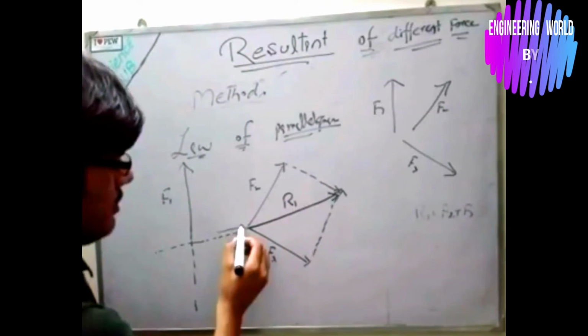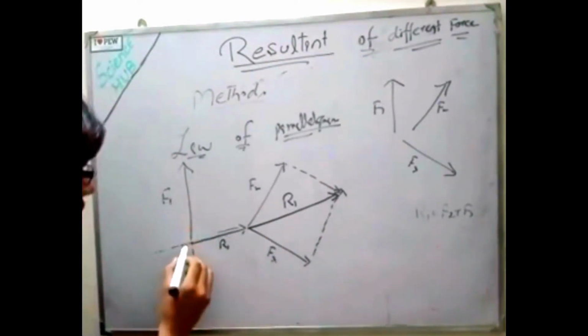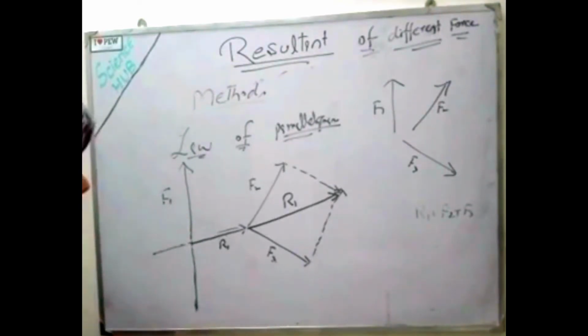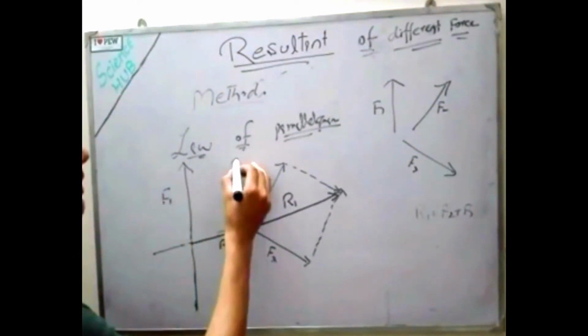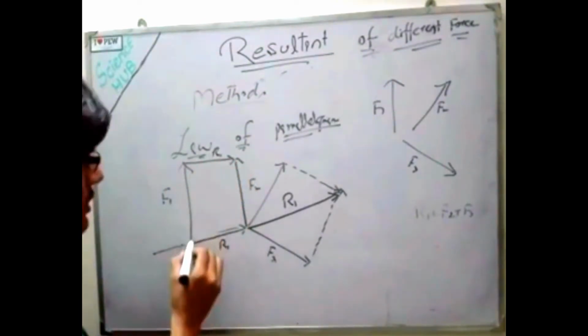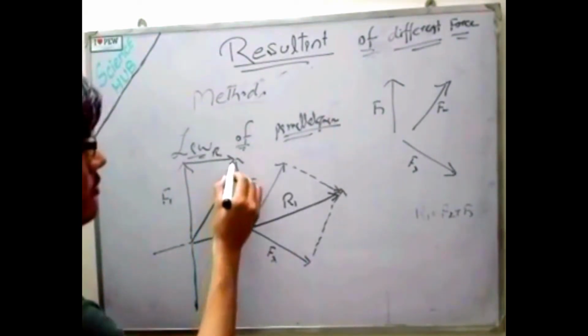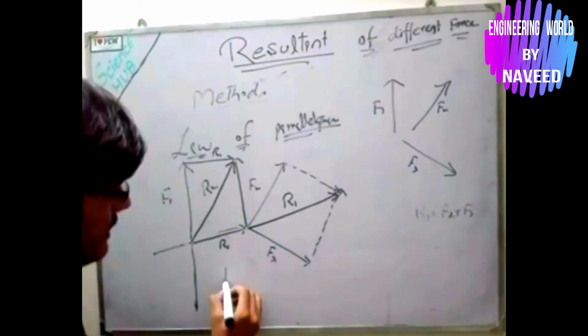So for this, here, this is R1 and this is the first force. So for this I am interested in finding the resultant. So drawing the same line, go to F1 in the same direction, and this is R1. So the resultant of these two forces will be equal to R2.